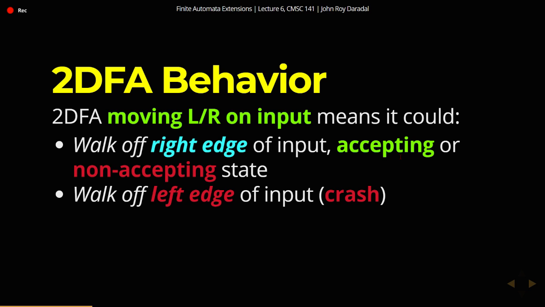And the final situation is the 2DFA could enter an infinite loop. For example, it could move left and then go right, and then move left again and then go right. It may not progress, and it may enter an infinite loop. We'll see examples of these behaviors later in our examples.